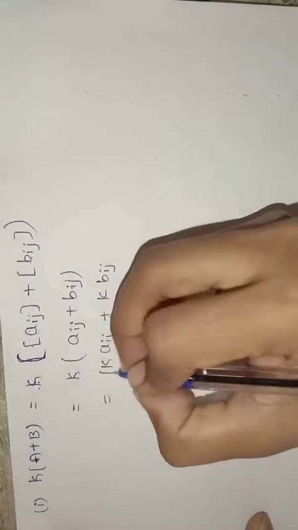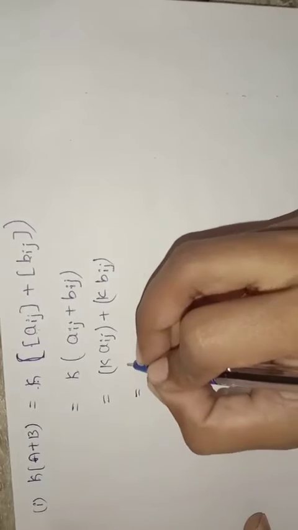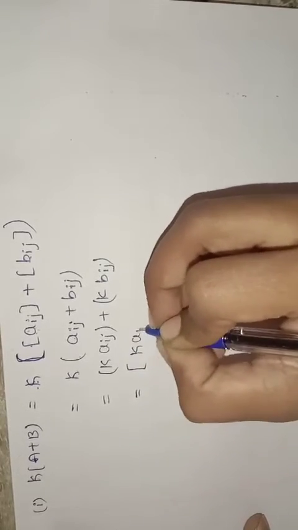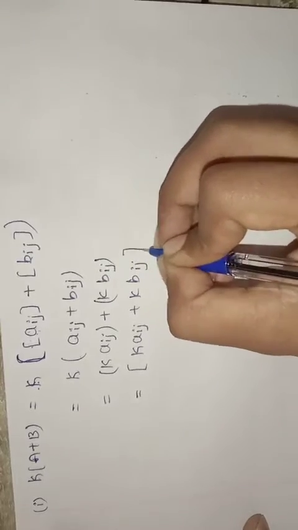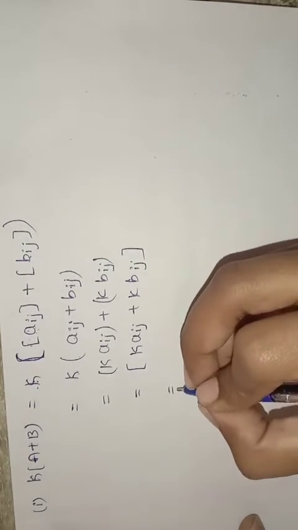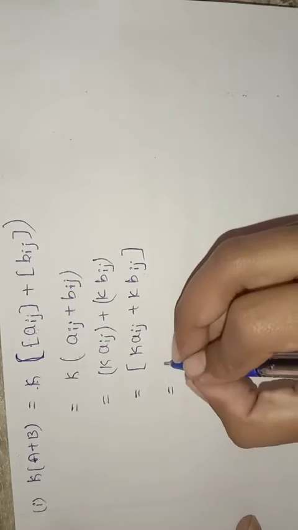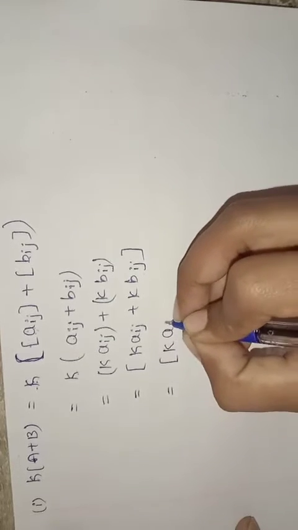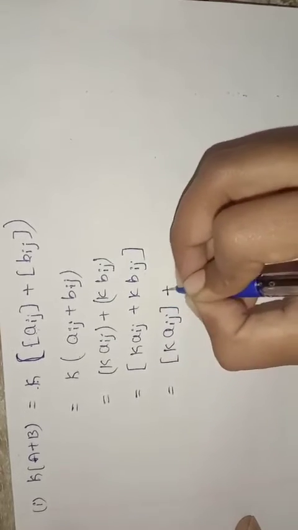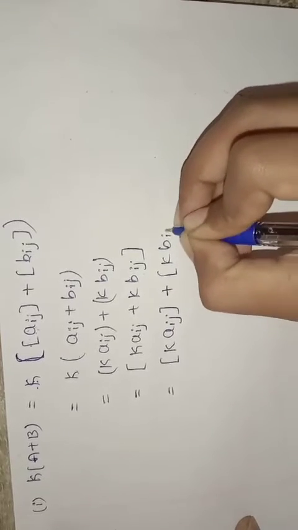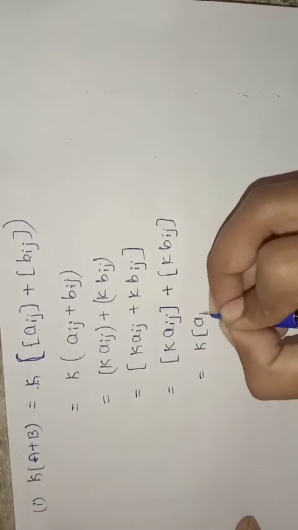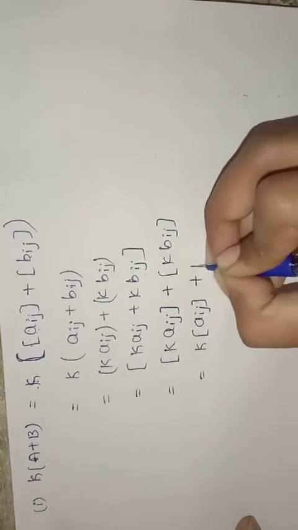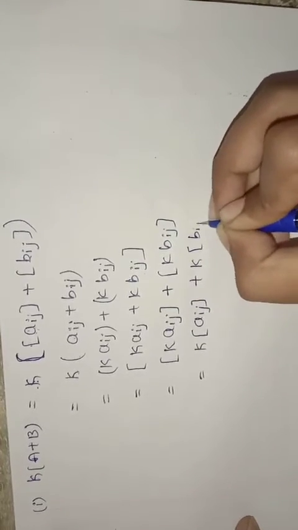So this is K into aij one element, K into bij one element, and this will become one matrix, that is K aij plus K into bij, isn't it? Now I can write it separately, that is K into matrix aij plus K into matrix bij.